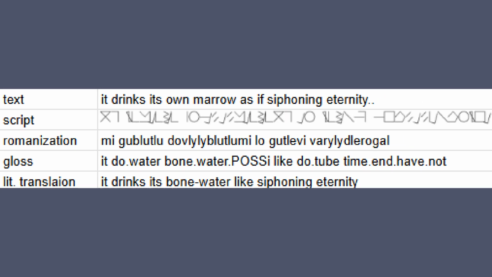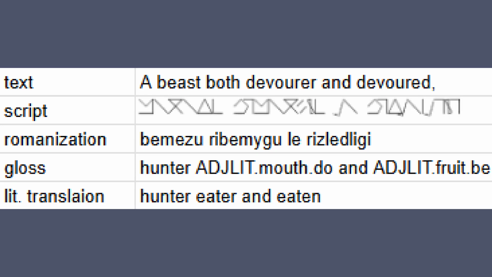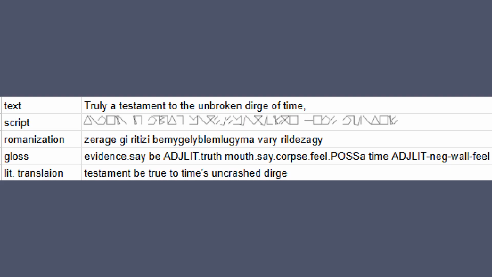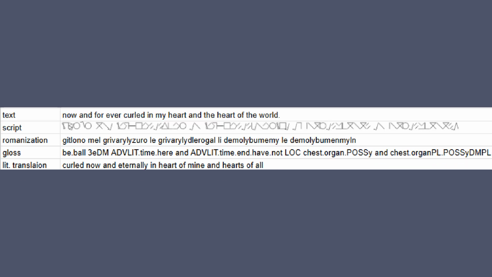Mi gubluzlu dovla la bluzlu mi lo guzlevi vara la dlerogal. Bemezu ribemagu le rizledligi. Gizledli zludage zuro la zludage muls. Bezagamel dlero lavuru rivimogi. Zerage gi rizizi bemage la blemlu gama vara rildezaga. Gizlono mel grivara lazuro le grivara la dlerogal li demolabumema le demolabumen mon.